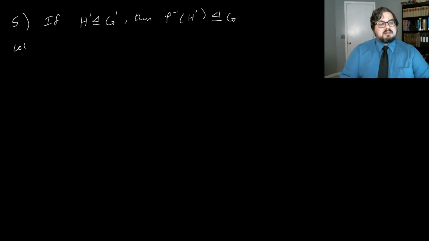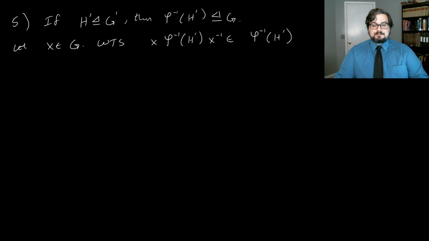So let's let x be in G. We want to show that x times phi inverse of H prime times x inverse belongs to phi inverse of H prime.